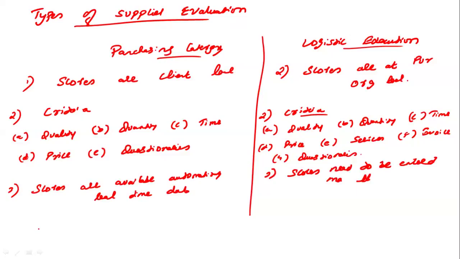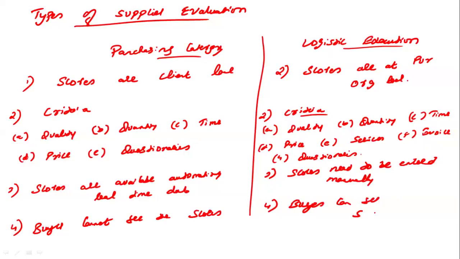Here, the buyer cannot see the scores, while there your buyers can see a score. So these are the differences.